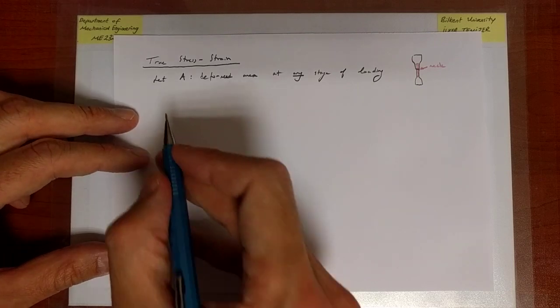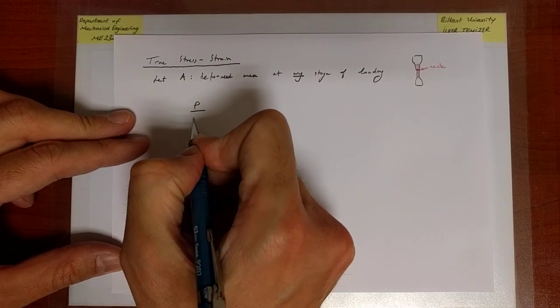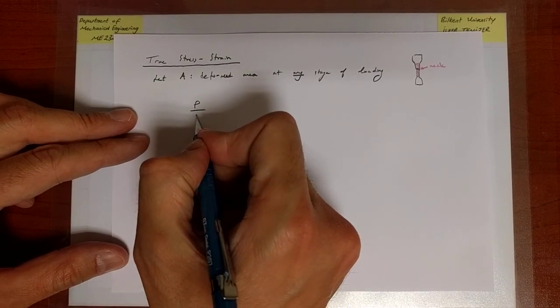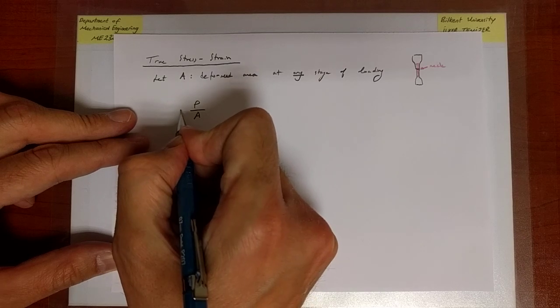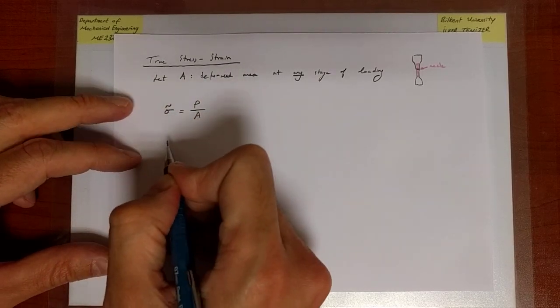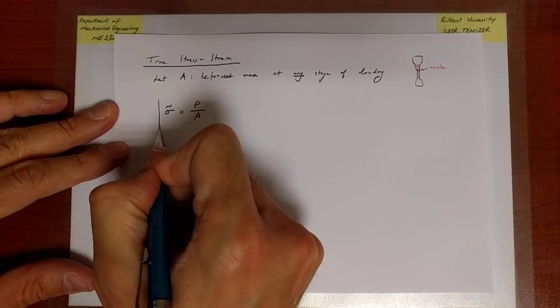Now, having said that, we can easily define the first new quantity, which is the load divided not by the initial undeformed area, but by the deformed area, and we're going to call it sigma tilde to distinguish it from our engineering stress.